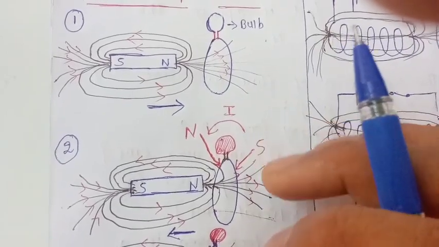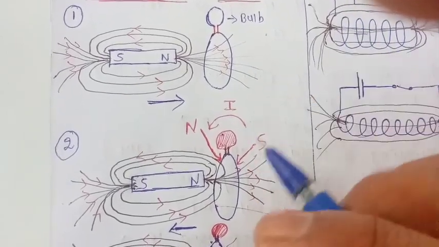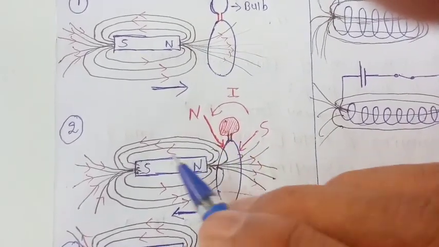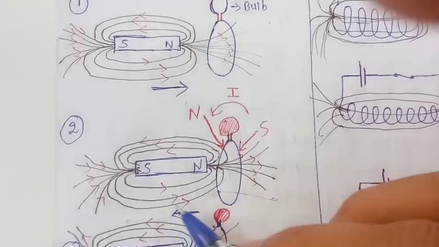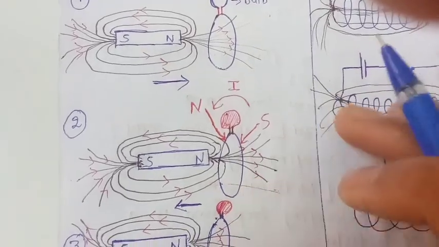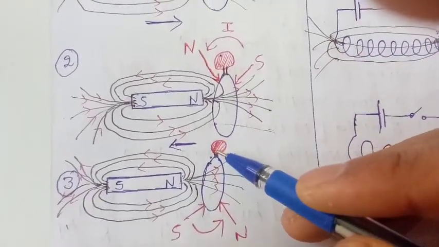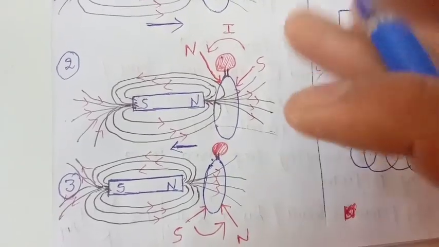Observe, it is very important, only for a few milliseconds the bulb flashed. Now Faraday moved this magnet away, once again in this direction, away from the coil. Once again he observed the flash of the bulb.